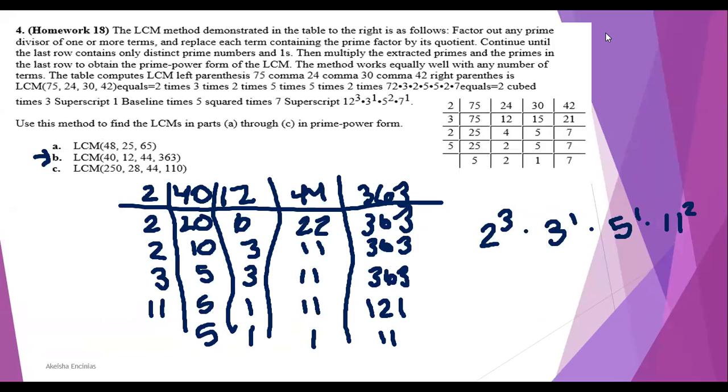So we'll do 2 to the third power, which is 8, times 3 times 5, times 11 squared, which is 121. And that gives us a least common multiple of 14,520. That is a really big number. But it was so easy to find rather than multiplying 40 times whatever number to get 14,520, right?